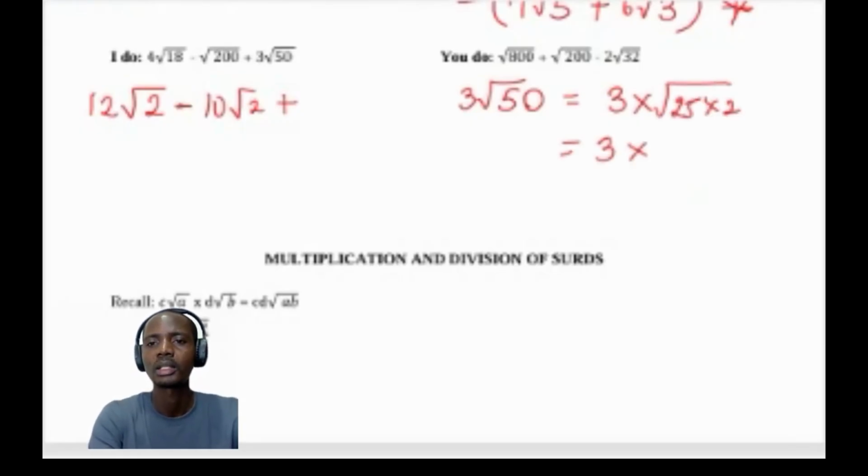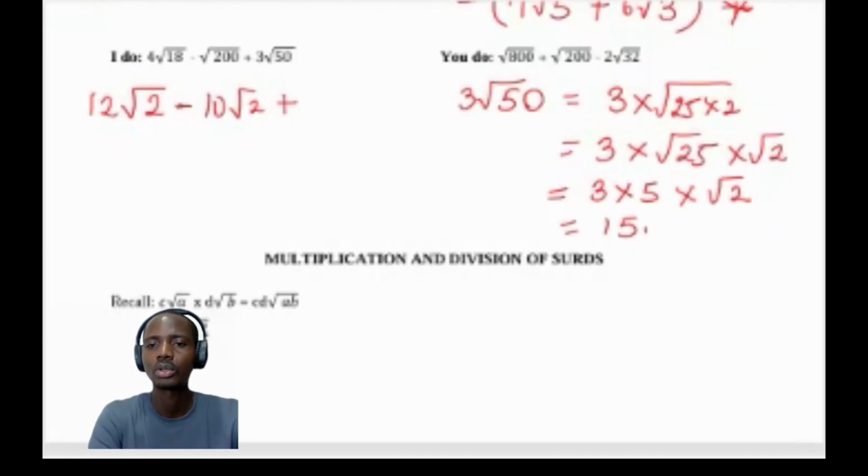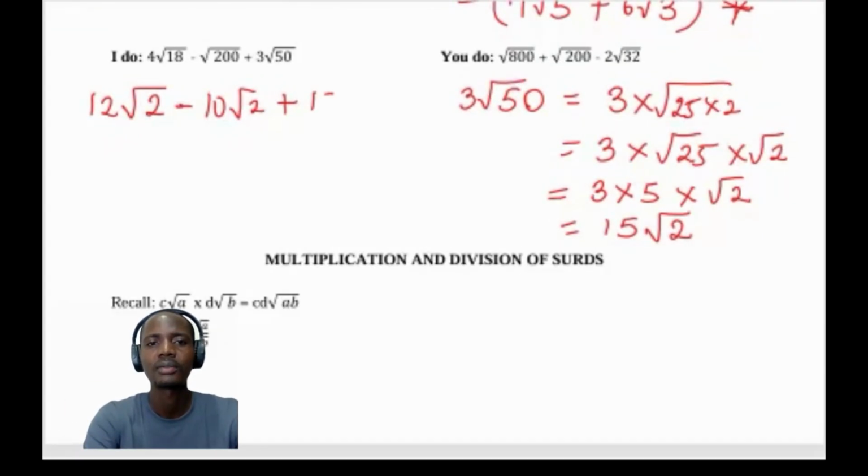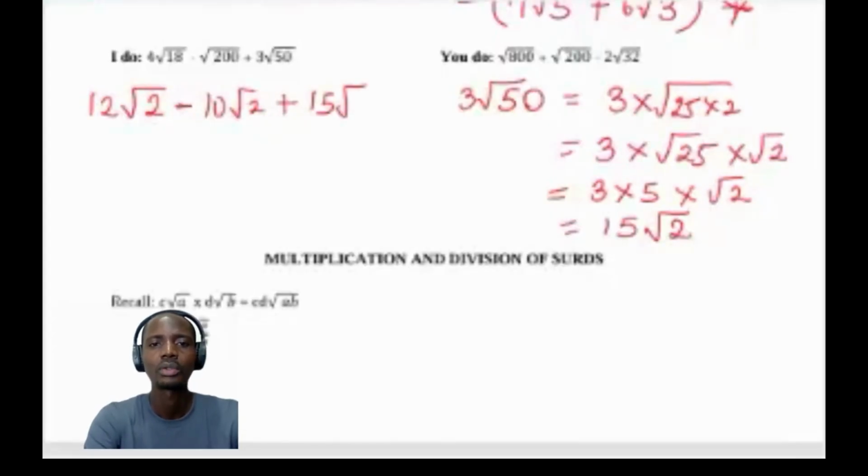So that is equal to 3 times root 25 times root 2. And that is equal to 3 times, now root 25, that gives 5 times root 2. So 3 times 5, that gives 15. 15 times root 2 is 15 root 2. So we know that 3 root 50 can be written as 15 root 2.